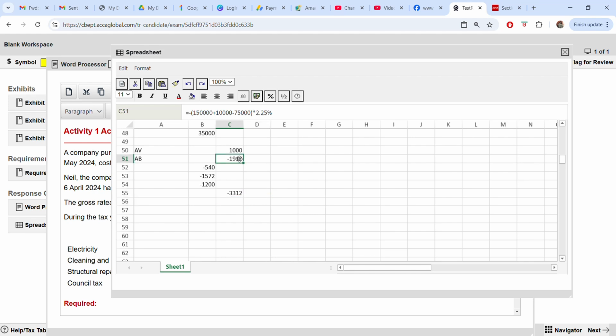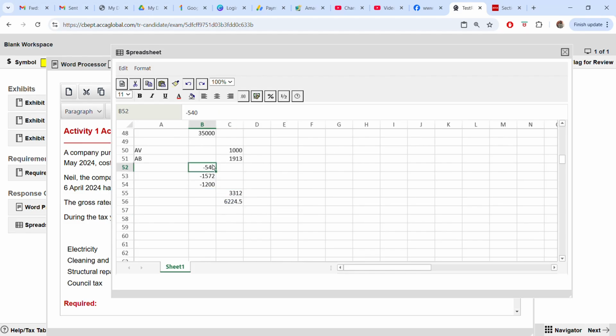Remember this you have to add. It's not minus. Let's do the sum function here. This is plus.